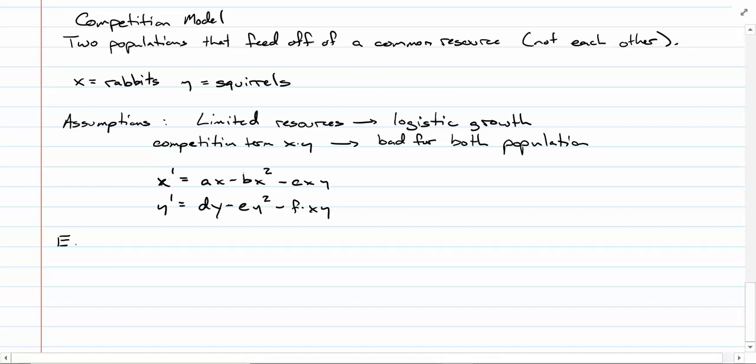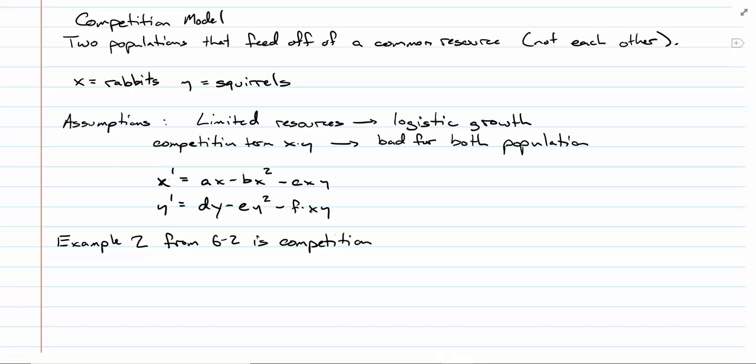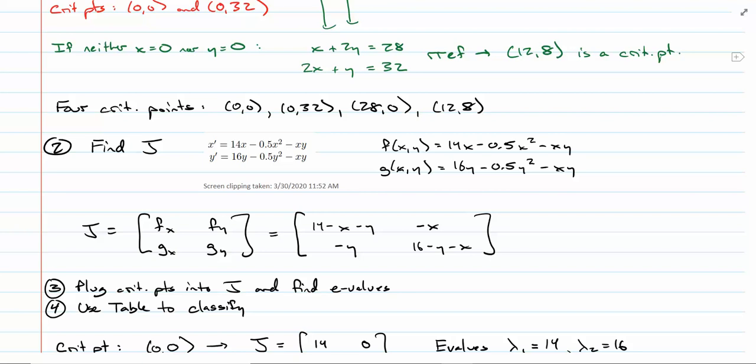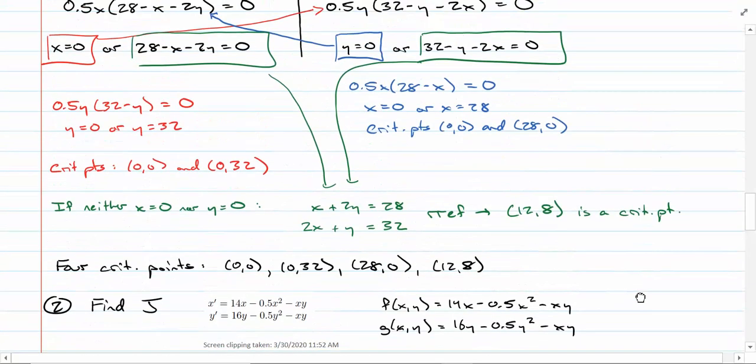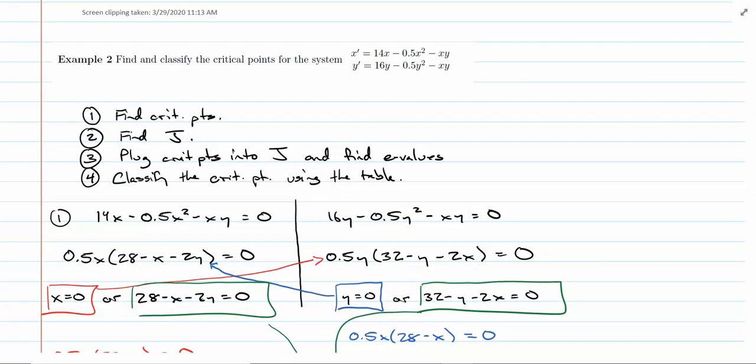It turns out we've already done a competition model problem. Example 2 from 6.2 is competition. If you look back at the notes from the previous section, example 2 was exactly this.